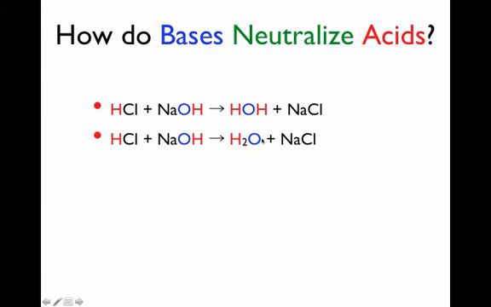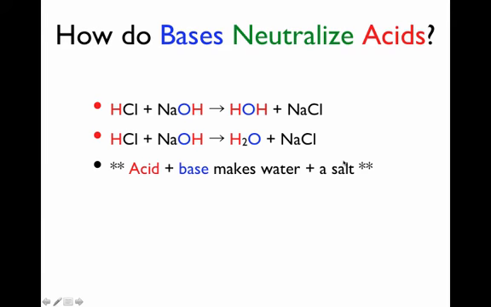So that's how bases neutralize acids. They soak up the H plus and they convert it into water. So in a more general sense, when you have an acid and you mix it with a base, if you mix the correct amounts with each other, the acid and the base together will make water, and they will make some type of salt.